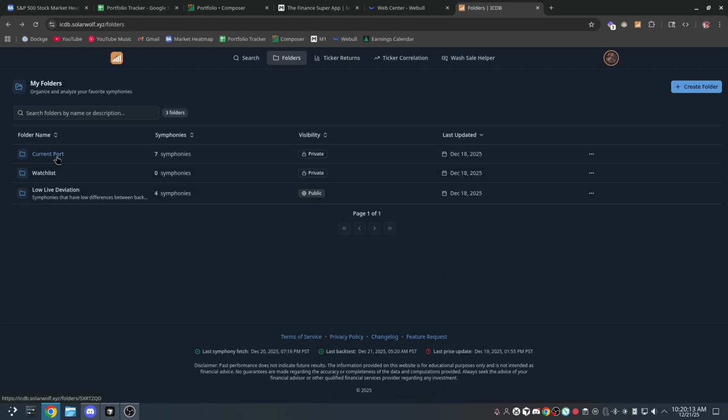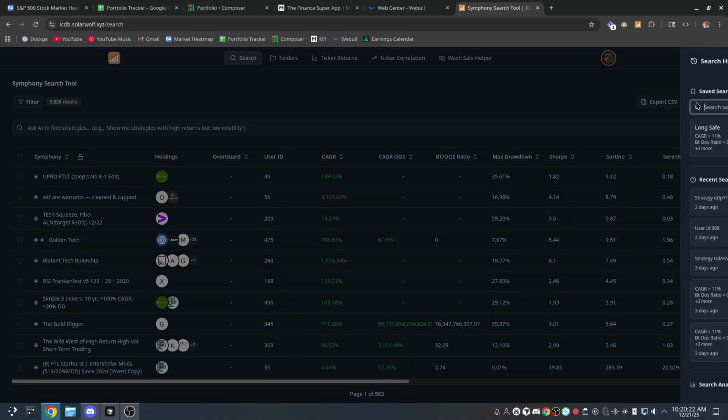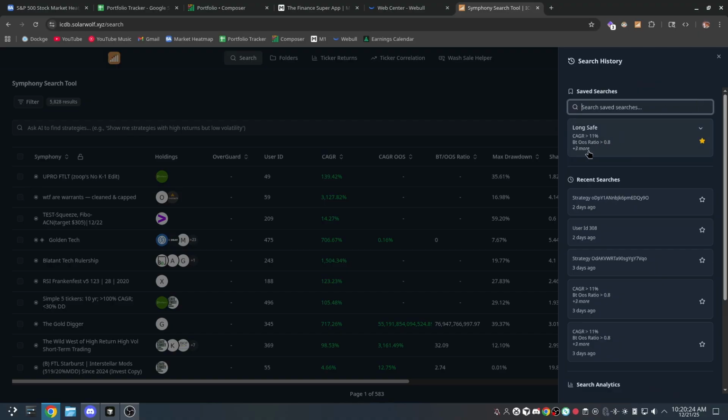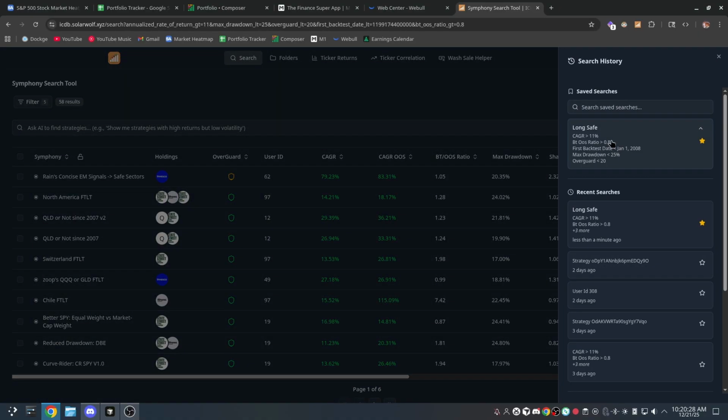If I go to the current port, you can see all of these are the current ones in my portfolio. So what I looked for, I think I have a saved filter here, and there you go. It's basically a Kagger, and this Kagger is pulled from the Spy Kagger.